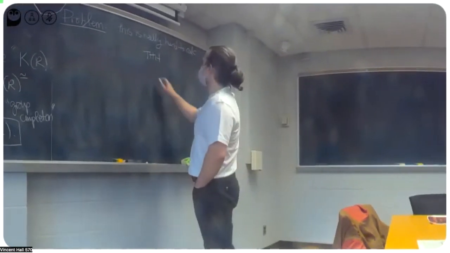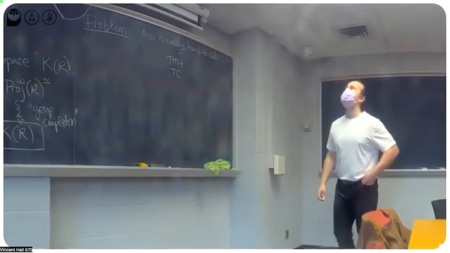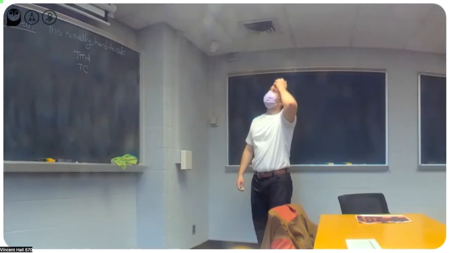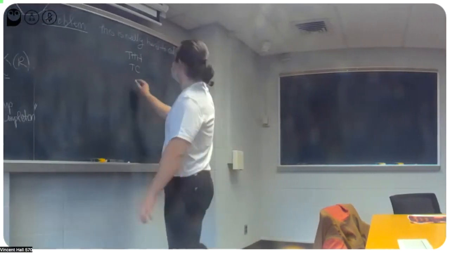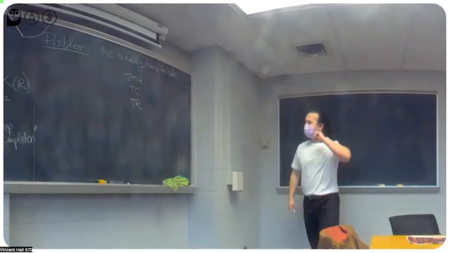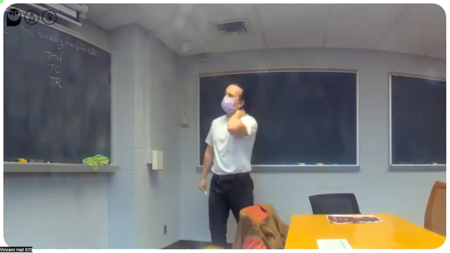There's this one called TC, which I believe was also defined in the 80s, but I don't remember the exact date of the paper. I think it was 85. And then there was this other thing, TR, and maybe someone in the audience knows, but I think this was in the 90s, but I don't quite remember.